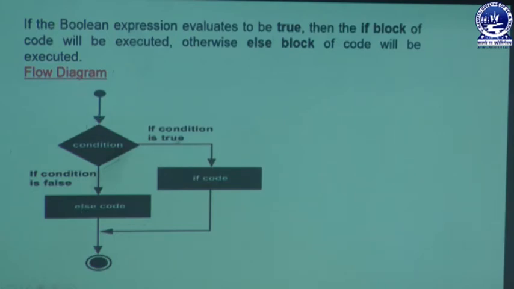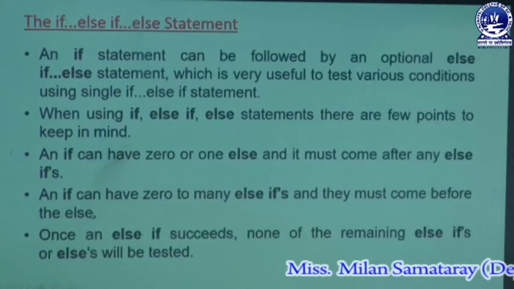So here is our flow, that means here is our condition, and on the basis of the condition the statements will be executed. If it is true, then the statements enclosed within the if block will be executed, and if the condition stays false, then whatever statements are written inside the else block will be executed, which is treated as the else code.